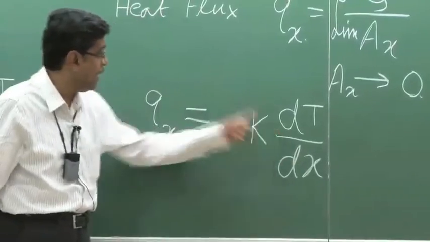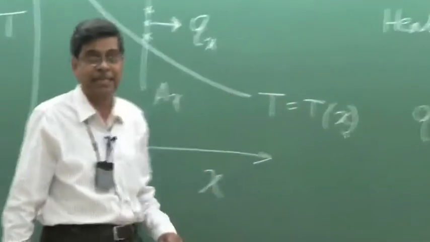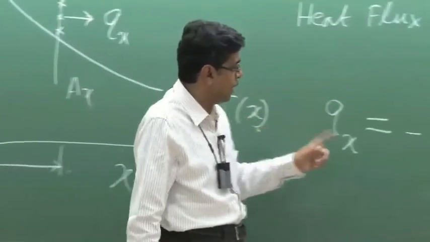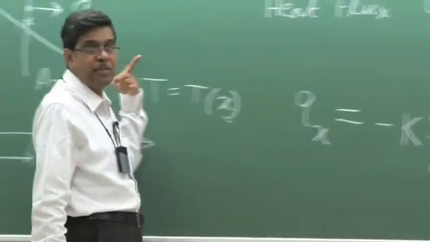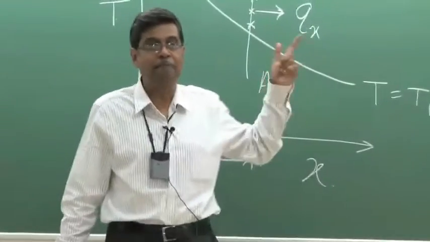This temperature gradient is in the direction of heat flow Qx, and a minus sign is deliberately given because heat is flowing along the negative temperature gradient.